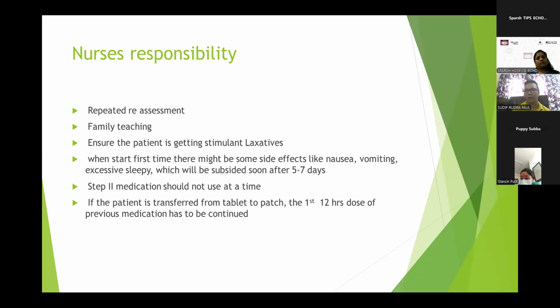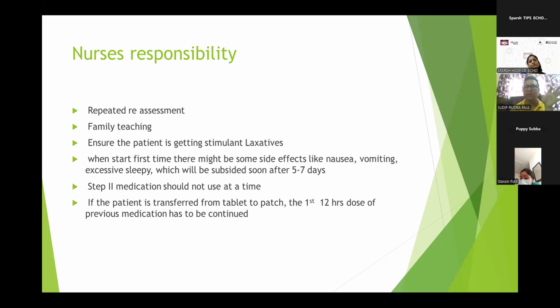In the previous slide I explained that step 2 and step 3 should not be used at a time, because both of them work on the same receptor, so there will be an agonist-antagonist effect. Our body has receptors.